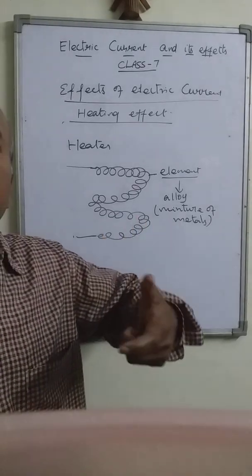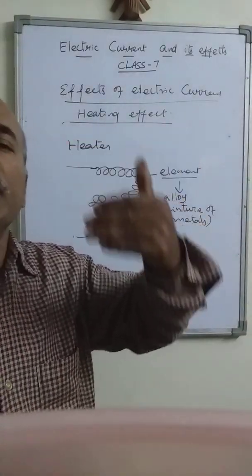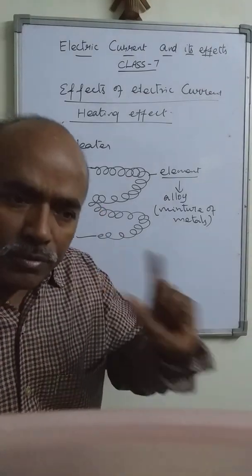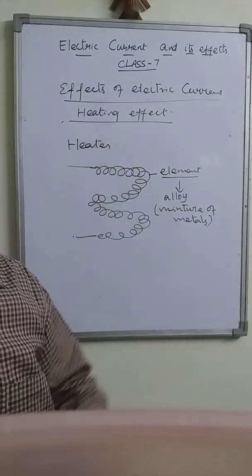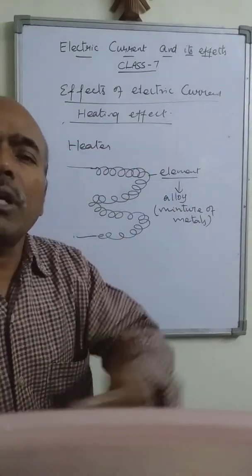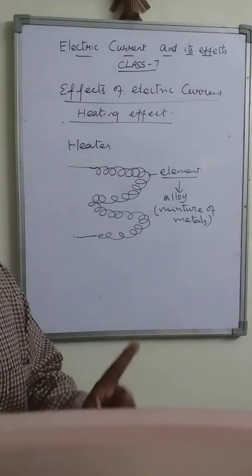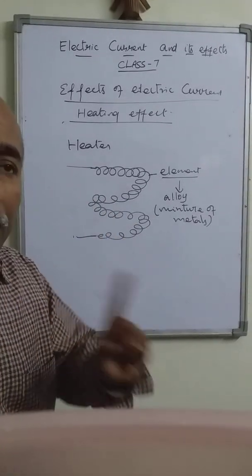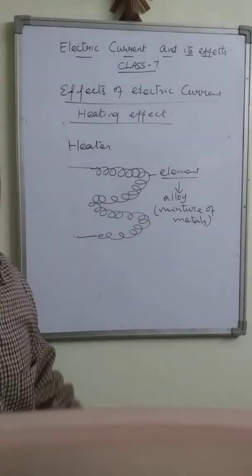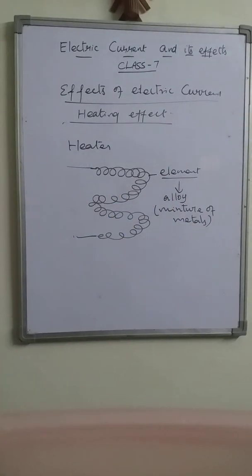Even the temperature may rise up to 2000 degrees Celsius when the heater is working for a long time. Even at that temperature it is not melting, and it gives the heat constantly when the current is passed through it. This is made up of the alloy element.